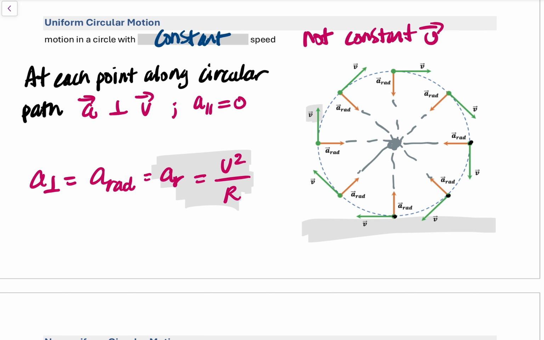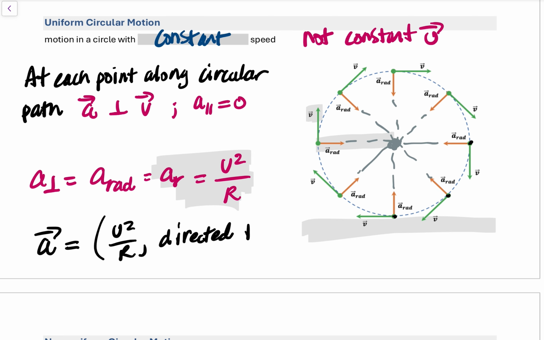And r is the radial distance from the axis of rotation to wherever our object is that we're interested in. This is a vector, so I'm also going to write this in vector form. So a, for an object that's moving in uniform circular motion, has a magnitude of v squared over r, and the direction is toward the center of motion.